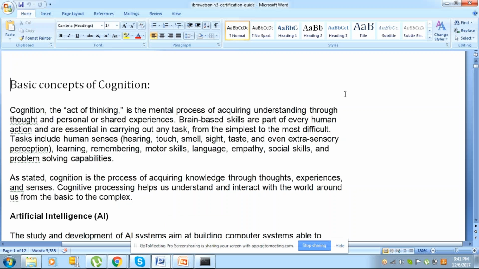So, to clear the certification and to understand what is required in the Watson application developer certification program, it is required first to understand what cognitive is.